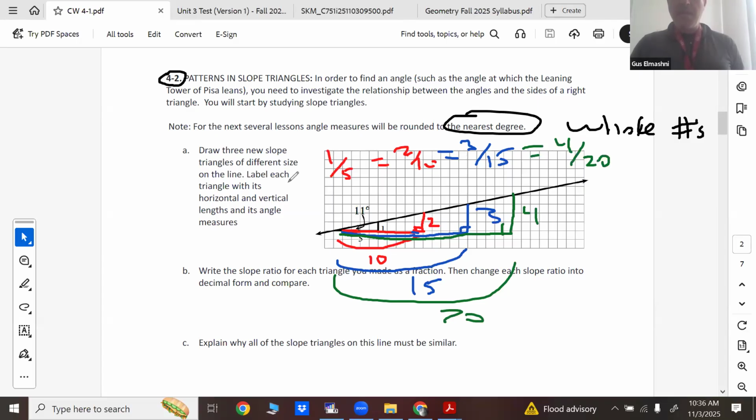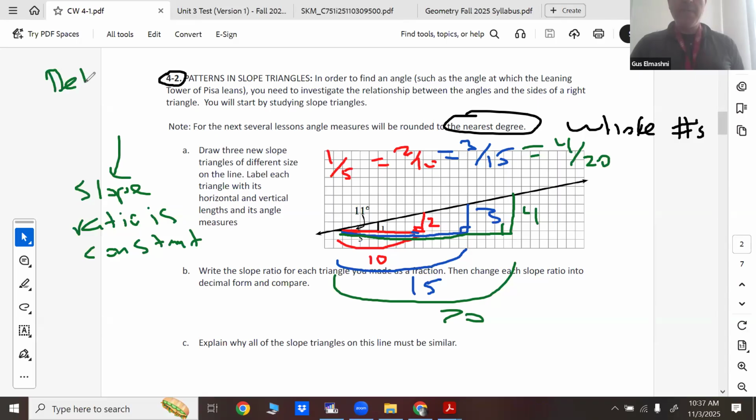So what we're seeing here is that the ratio is always consistent. The slope ratio is constant. It does not change, and the reason is that it's determined by the angle.